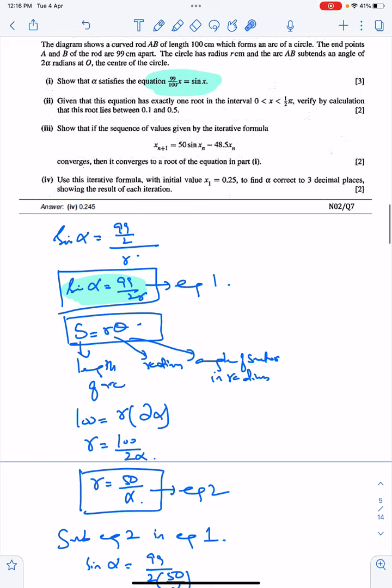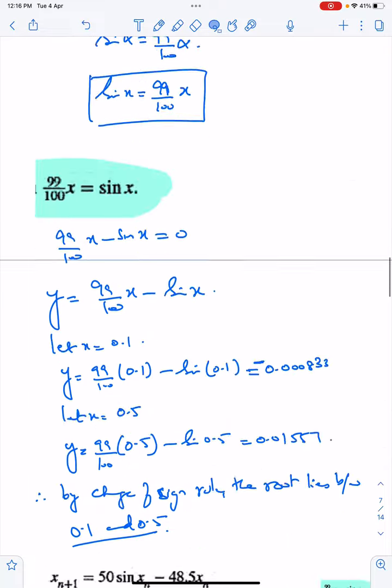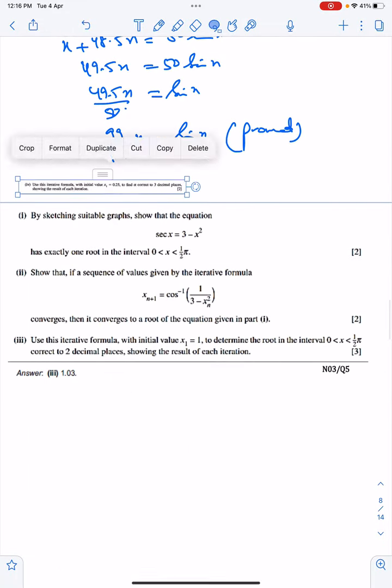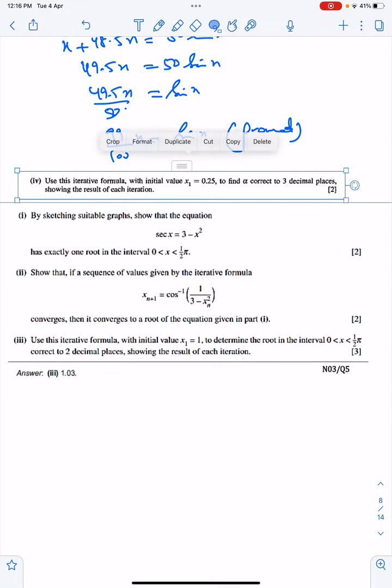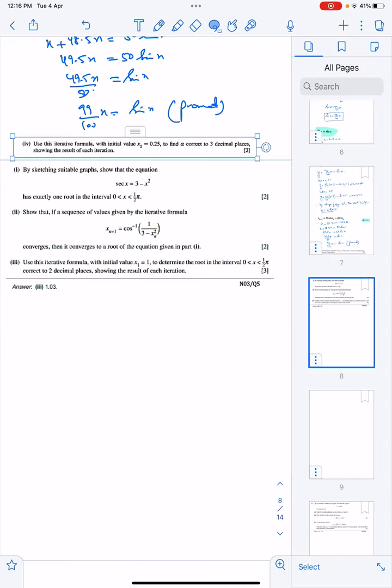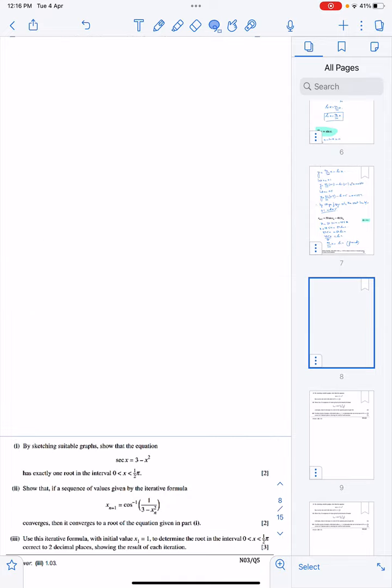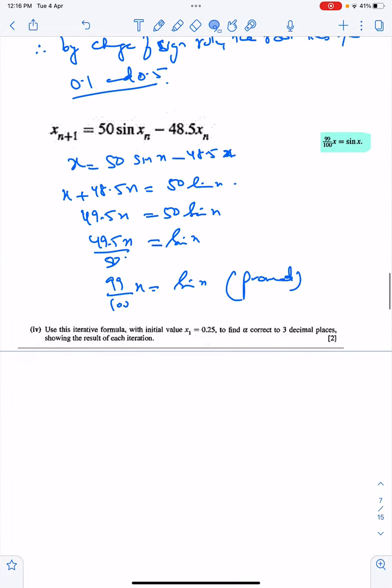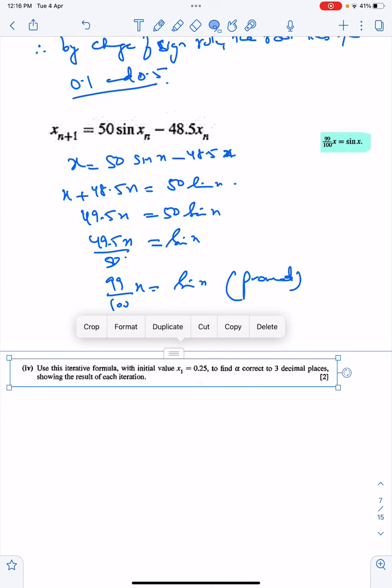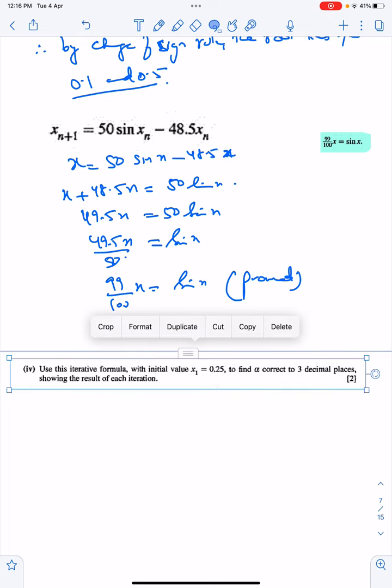Now for the last part of the question, they are saying use this iterative formula with initial value x equals 0.5 to find alpha corrected to 3 decimal places.